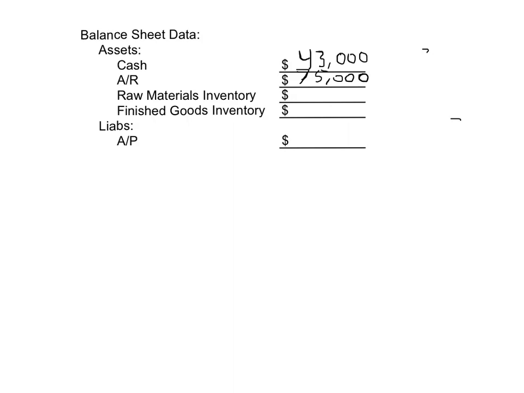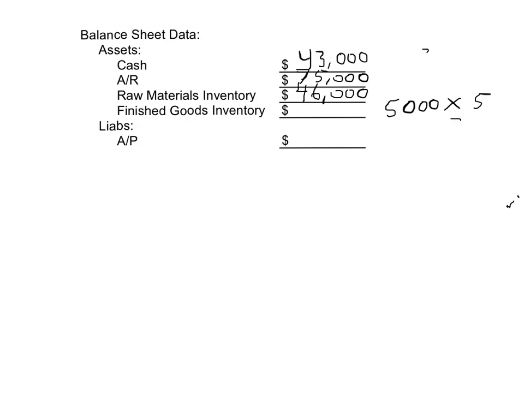Raw materials inventory balance. I need to go to my direct materials budget. 4,600. So finished goods inventory. Let's go to my 5,000. Let's get this right.